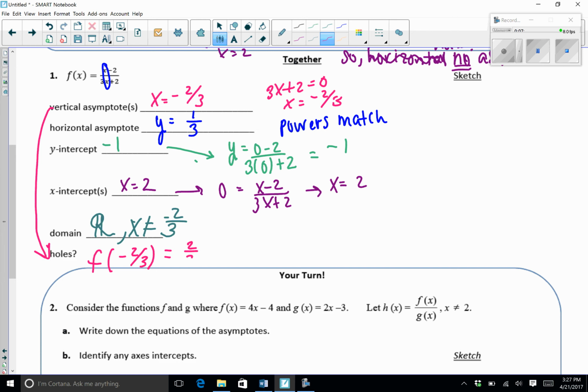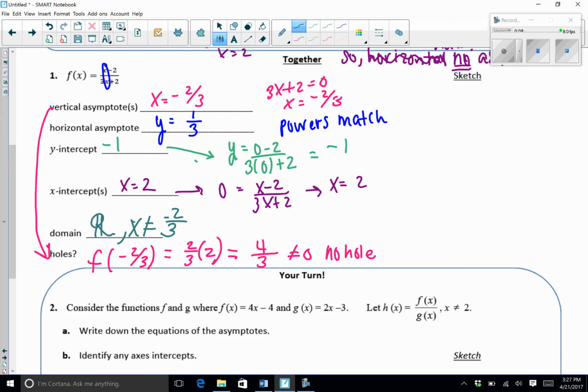So I have 2/3 over 2, because that's my numerator. I already know my denominator equals 0 at that point, so if I go ahead and check it, you'll get 4/3, which is not equal to 0, so we can say that there is no hole.